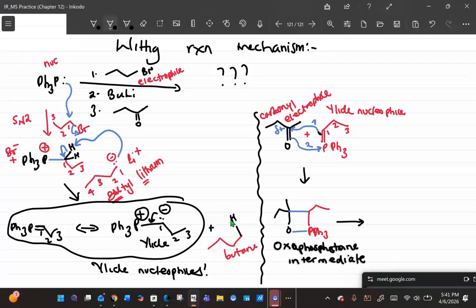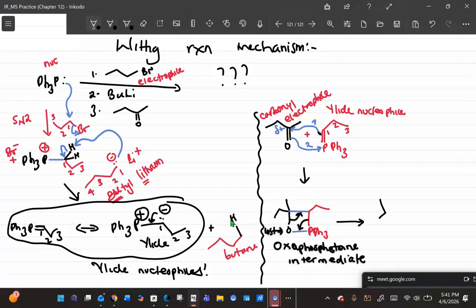So let's collapse this. Remember, I always tell you that this part is always lost. It's like you're doing a retro Diels-Alder. So it's simple. You can collapse it from whichever direction, but either way, you will end up with your alkene.